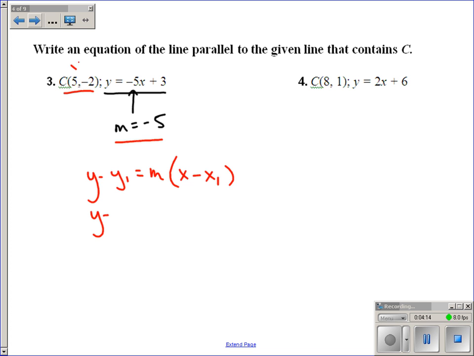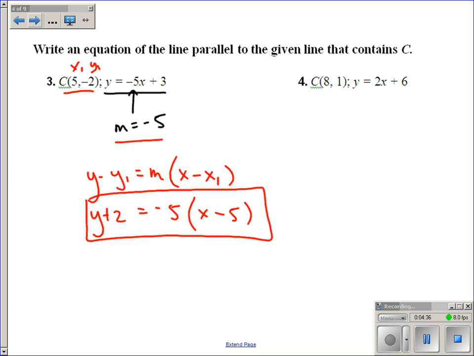This is x1 and y1, so y1 is -2. So y minus -2, or y plus 2, is equal to the slope, -5, times x minus x1, which is 5. I could simplify this into slope-intercept form, but it just asks for an equation, so I'll leave it in this form.